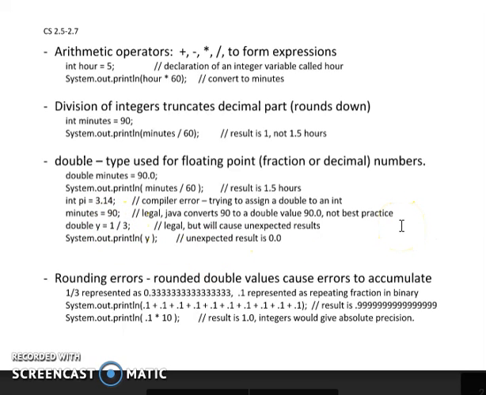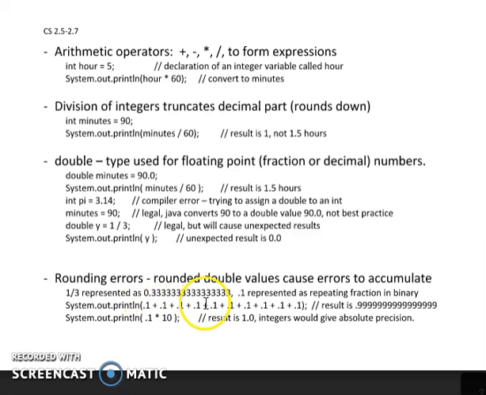Okay, there's also something you have to keep in mind: rounding errors. They're not really errors, but it has to do with how numbers are represented internally in Java. So 1/3, even in math, 1/3 as a decimal is not really exact. These 3's go on forever. So it's represented as a number that's not exact. So sometimes you get errors because of that.